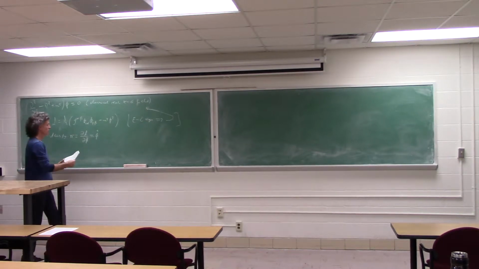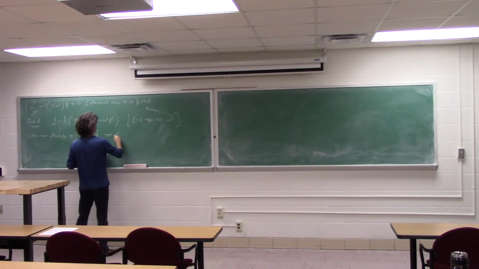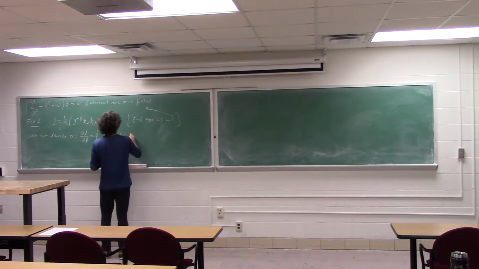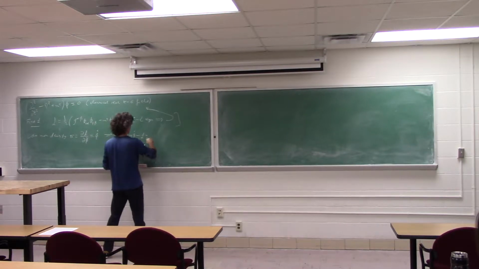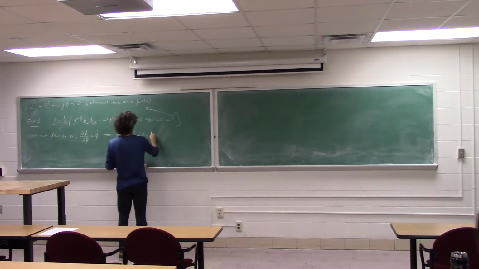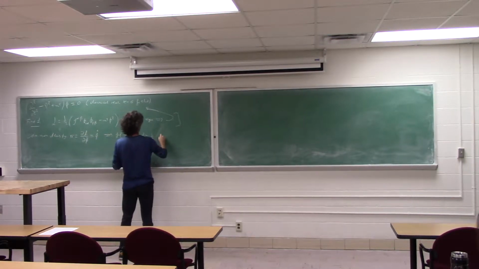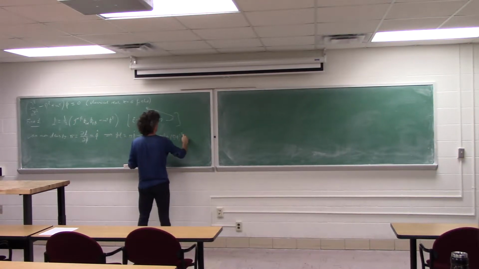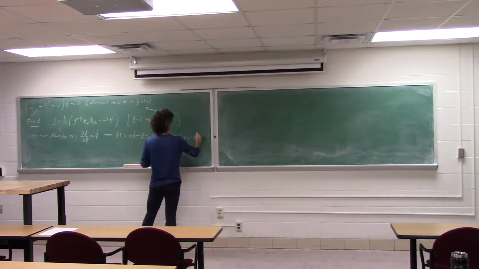And so the Hamiltonian density, which is just pi phi dot minus the Lagrangian density, is equal to a half of pi squared plus grad phi squared plus m squared phi squared.